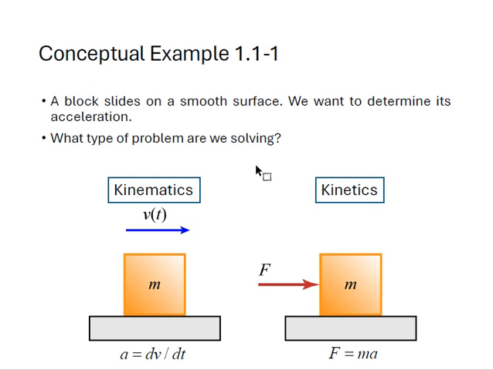Two objects, particles and rigid bodies. Two analyses: kinematics for motion, kinetics is the cause of motion. I'm repeating this again and again for the first few slides. All right, let's move on to the next slide.